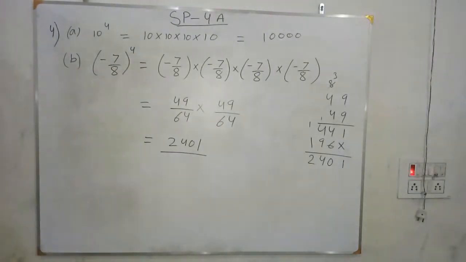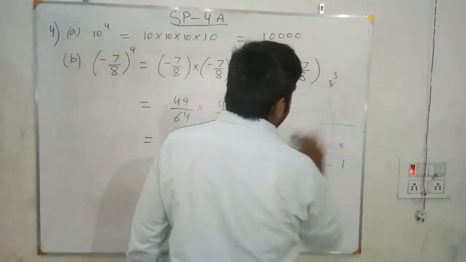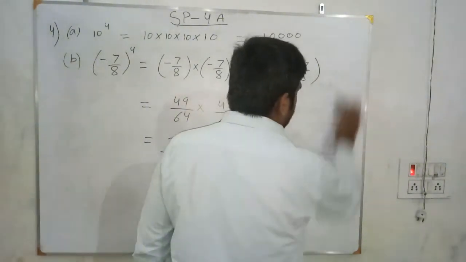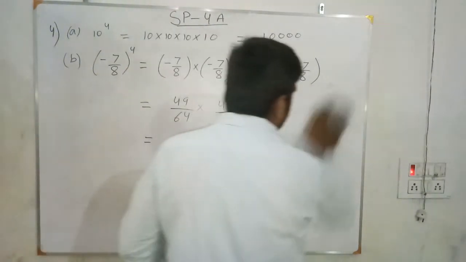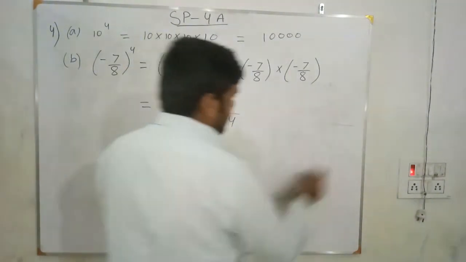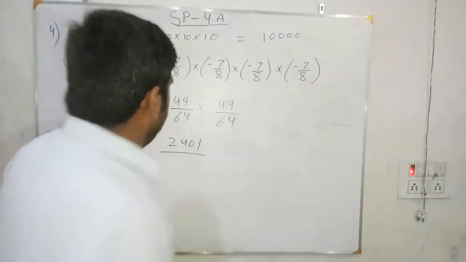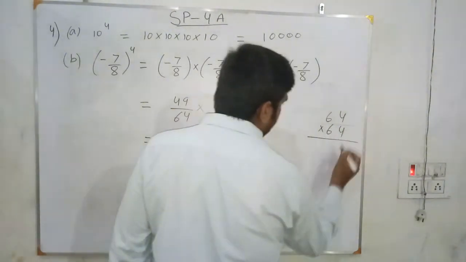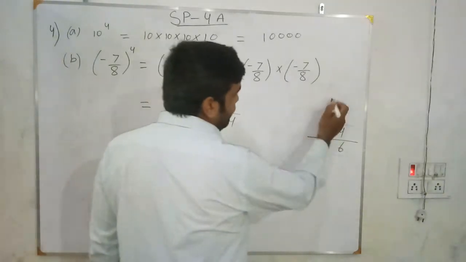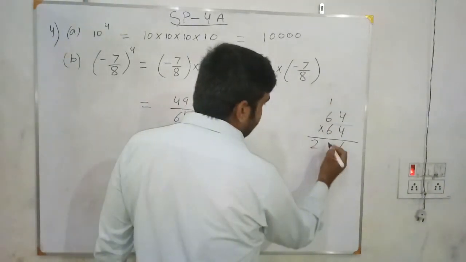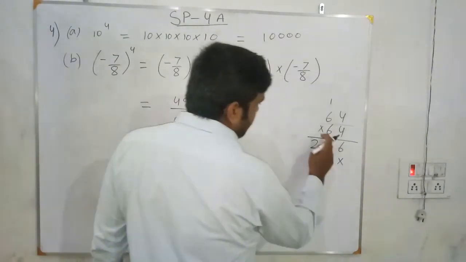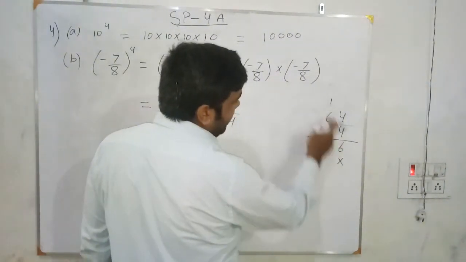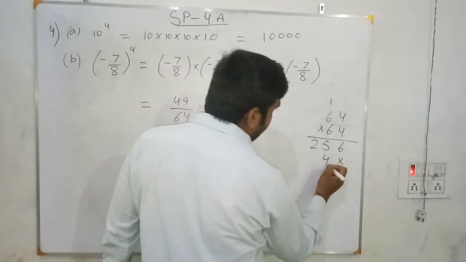For this we have to multiply 64 into 64. 4 4s are 16, 6 carry 1. 4 6s are 24, 25. Again 4 4s are 16, carry 1. 4 3s are 12, 13. 6 4s are 24, 4 carry 2.